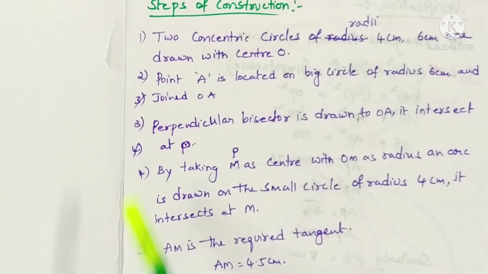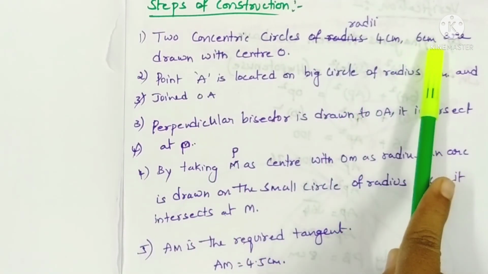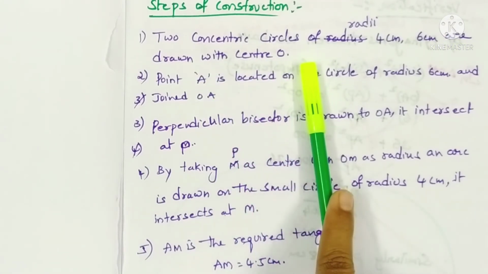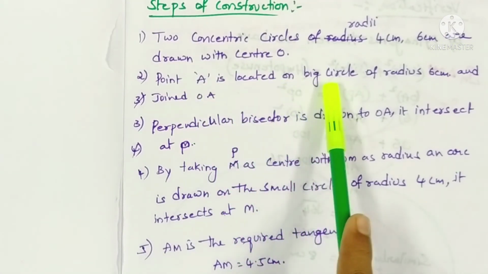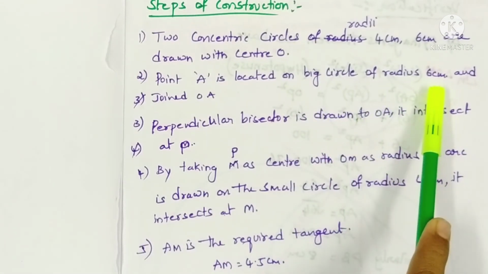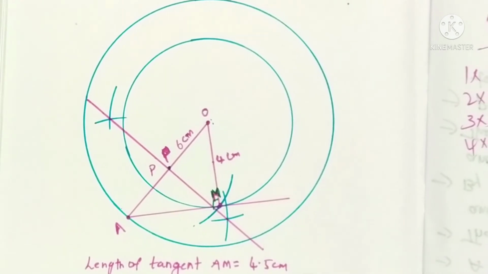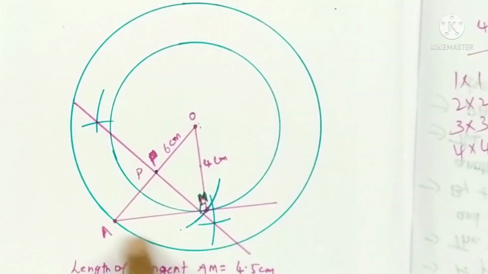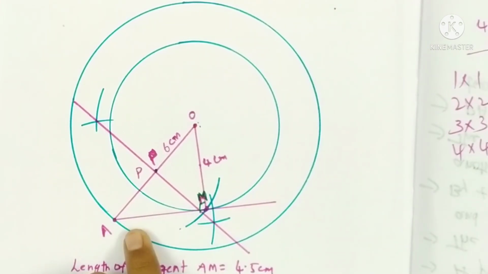Steps of construction. Two concentric circles of radii 4 cm and 6 cm are drawn with center O. Point A is located on the big circle of radius 6 cm and OA is joined. So first two circles are drawn and next point A is located.